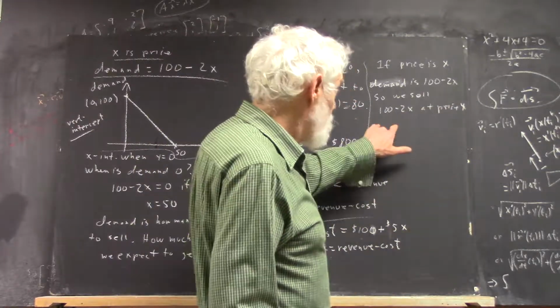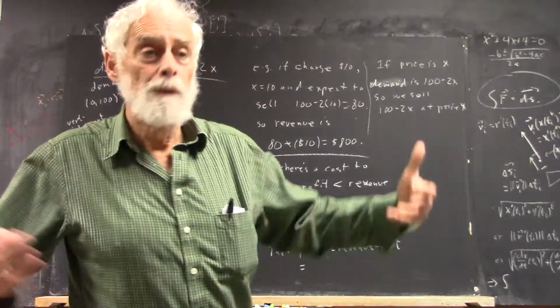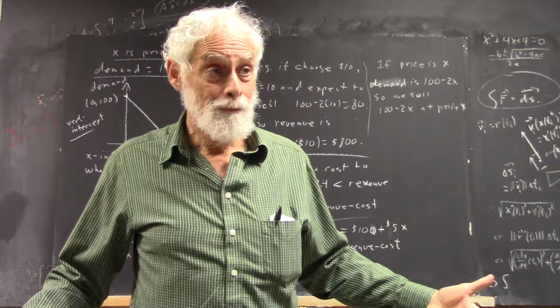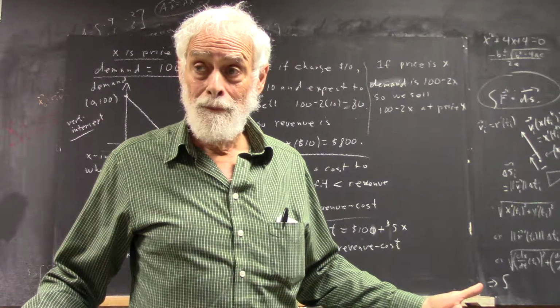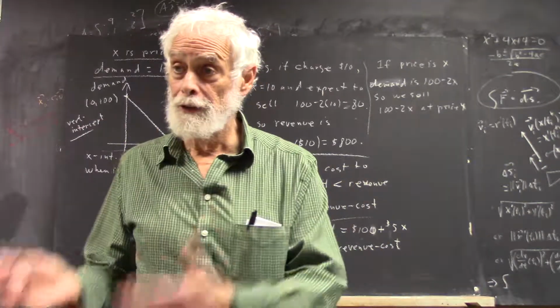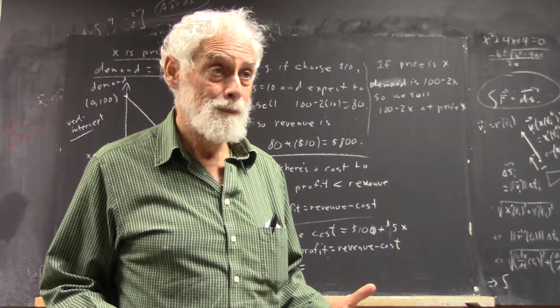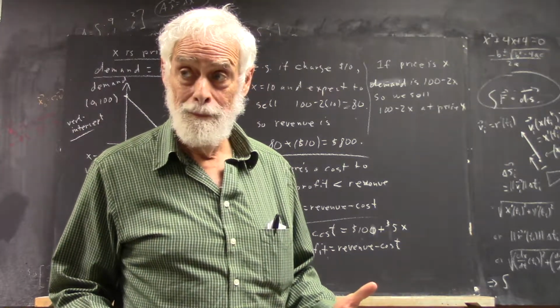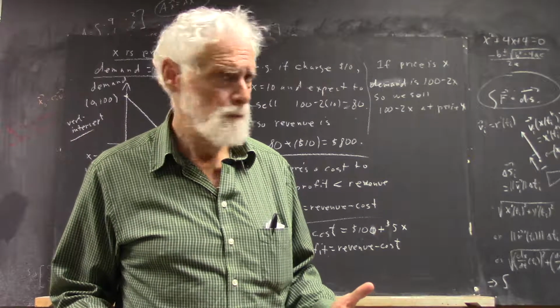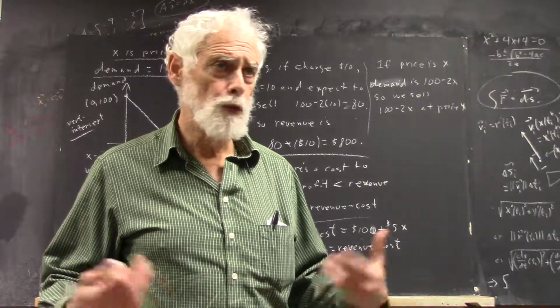Well, if I sell this many at this price, how do I get my revenue? If I know how many I sell and how much I sell it for, what do I do with those numbers? I'm asking for just some words.